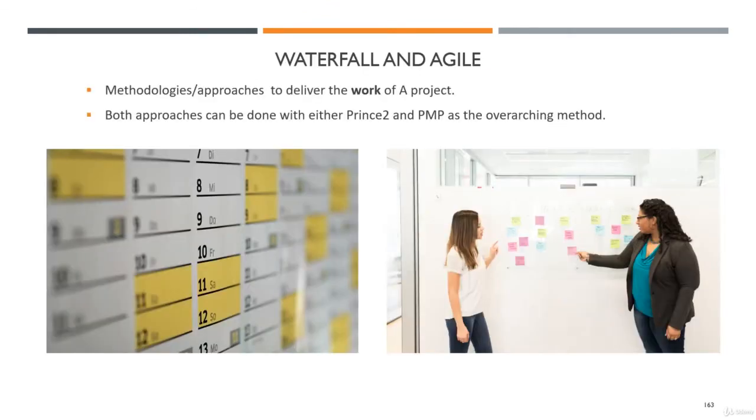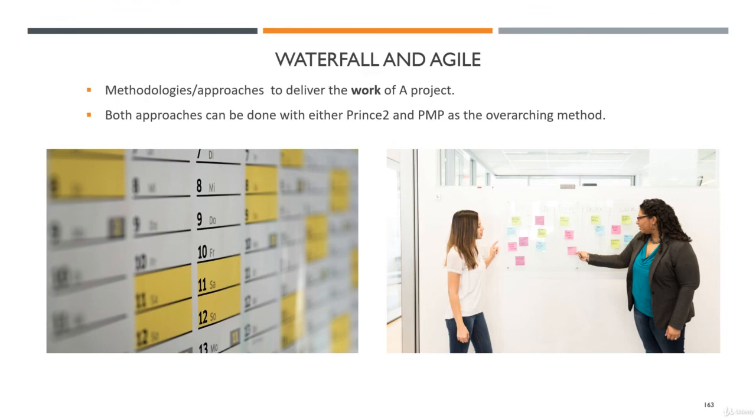Welcome back to the waterfall and agile part of this course. We have seen Prince 2 and PMP, which are methodologies or standards to manage projects. Now waterfall and agile are more approaches to deliver the work of a project.